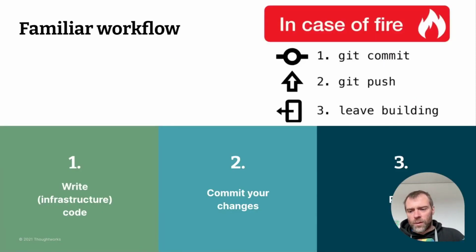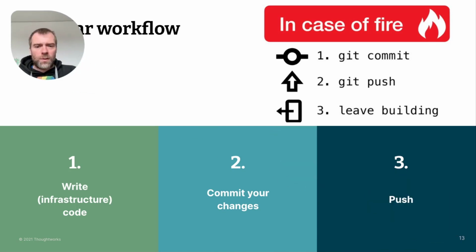What we now get from executing these different steps in a CI pipeline is a workflow that should be very familiar for our developers. So when you now compare writing infrastructure code to writing any application code, it's basically you write your infrastructure changes, you implement your changes, you commit your changes, and you push your changes, and then the pipeline kicks in and does all the automation for us, right?